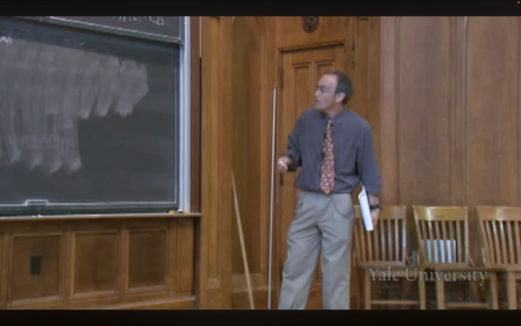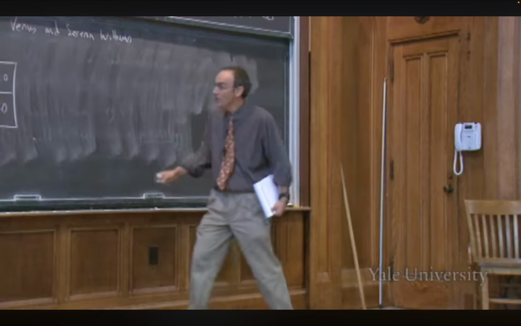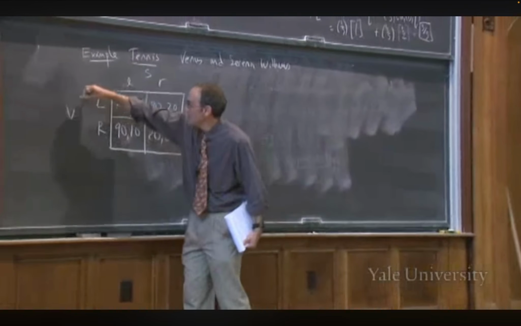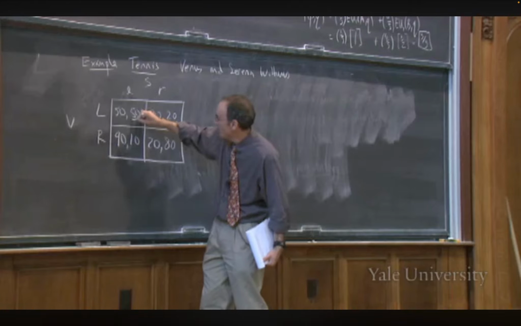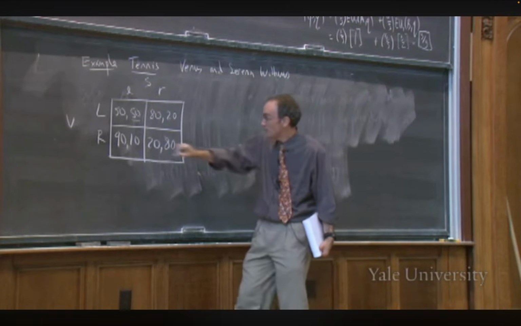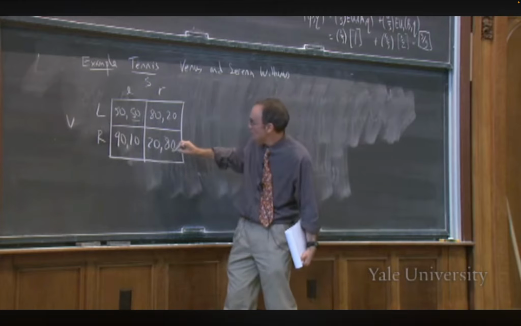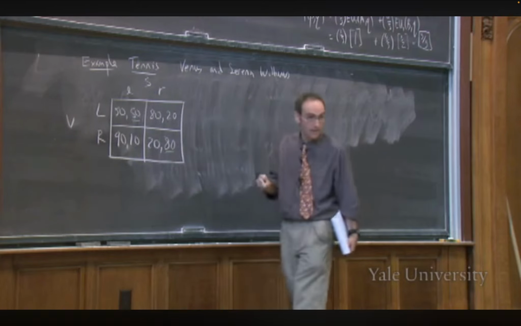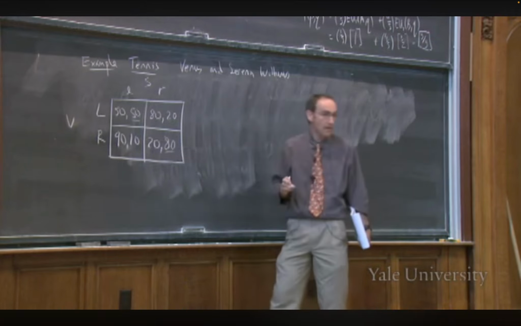Okay, so why is there no pure strategy Nash equilibrium? Well, let's have a look. If Serena thought that Venus was going to choose left, then her best response, not surprisingly, is to lean left. And if Serena thought that Venus was going to choose right, then her best response is to cheat to the right. So 50 is bigger than 20 and 80 is bigger than 10.